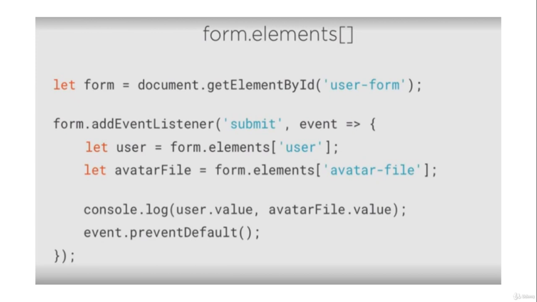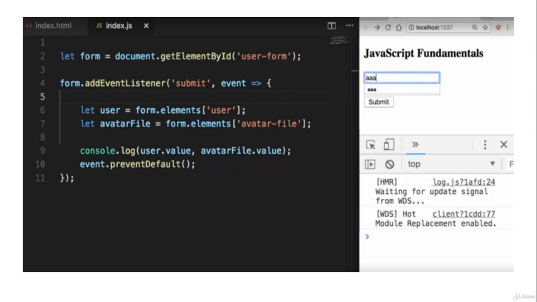For username we will put some as, and for avatar file we will put some ps. I will hit the submit button, and we get the user value right here, and we get the avatar file value right here. So this is how we get access to the fields in the form.